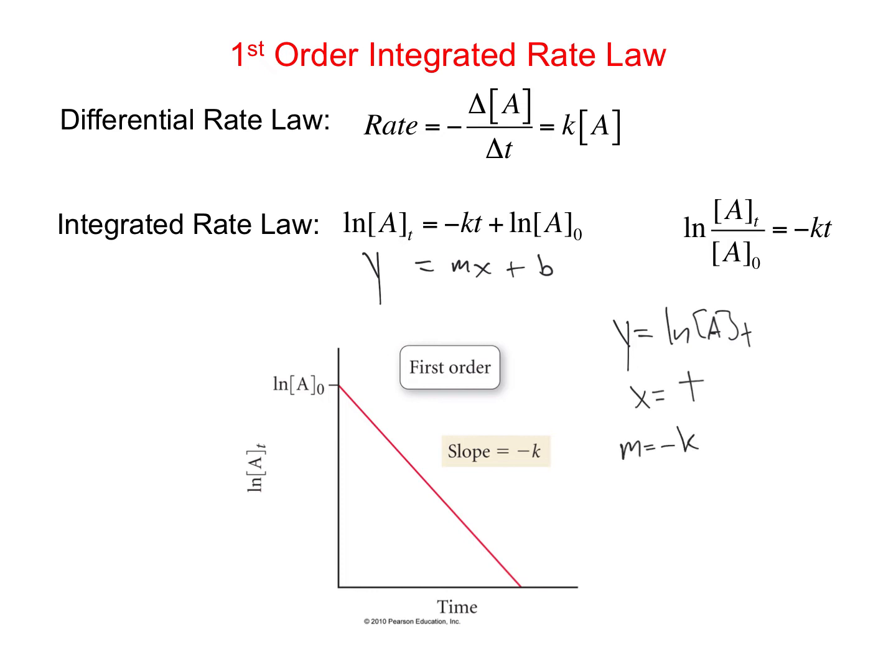And the y-intercept will be equal to the natural log of the initial concentration. And so the reason we like to write it like this is because if we monitor the concentration as a function of time, then we can make this plot, use Excel or some other program to fit it to a straight line, and then the slope of that line will tell us the rate constant.